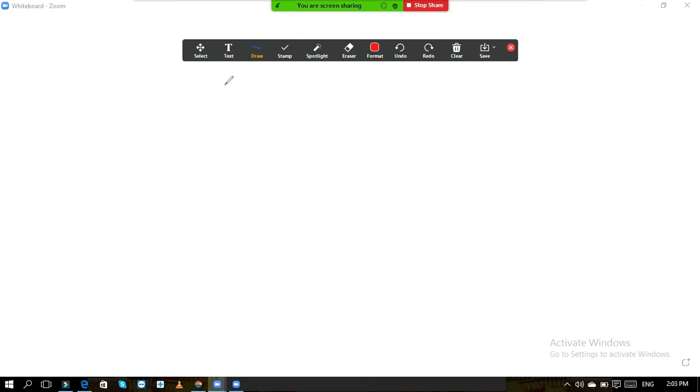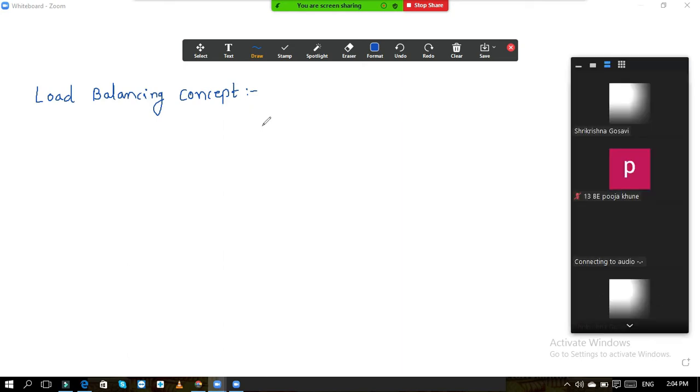Now we will move to the next concept, that is load balancing. By the stress and strain concept we are getting the same answer. Now we will see it by the load balancing concept. First of all we will see the net downward load, then we will calculate the upward load and then the net load.